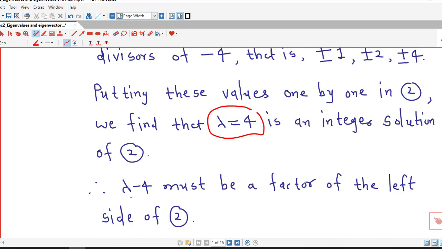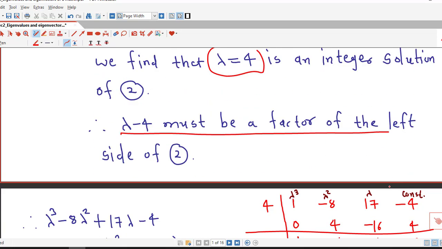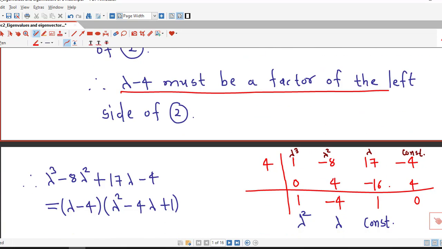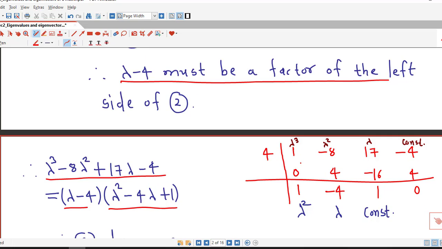So here we have written, therefore lambda minus 4 must be a factor of the left hand side of given equation. So this equation is nothing but lambda minus 4 times another polynomial of second degree. So that polynomial we can find using method of synthetic division.